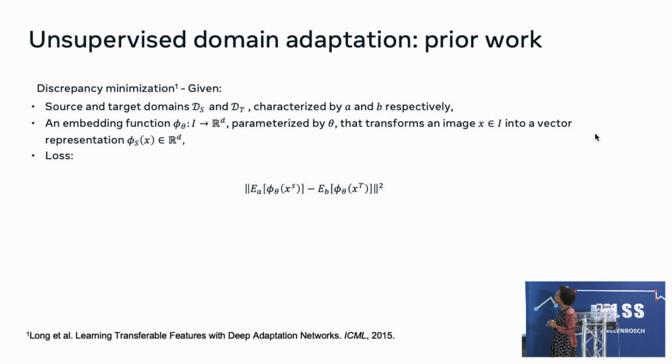This loss is saying that this embedding function is going to take an image from the source domain and from the target domain, and let's imagine you generated a bunch of these embeddings phi. You want the expectation of that, so you want the average embedding you get from the source domain to be close to the average embedding you would get from the target domain. What that tells you is that even though I have these two sets of data that have some kind of shift, this model is going to do its best to represent them in a similar way. And that's going to allow you to address this domain shift.